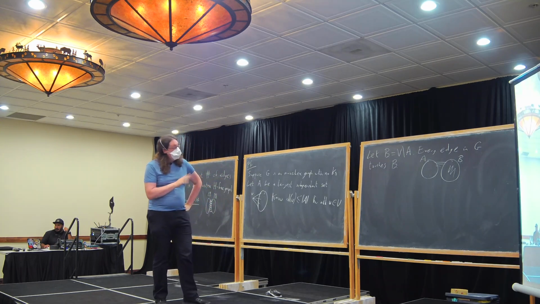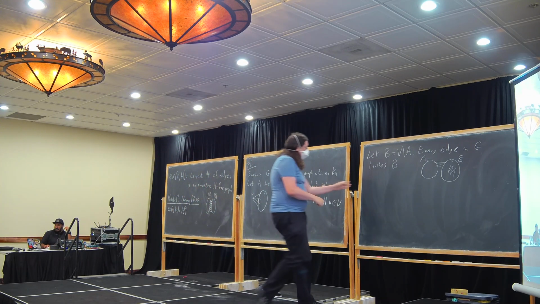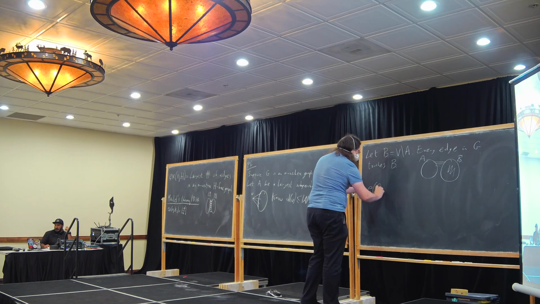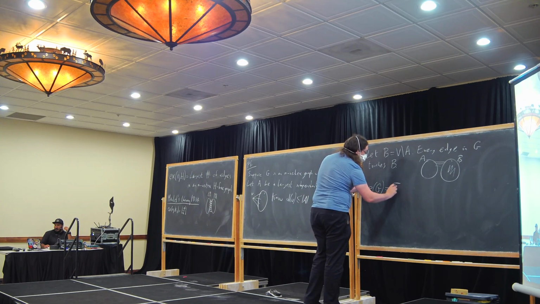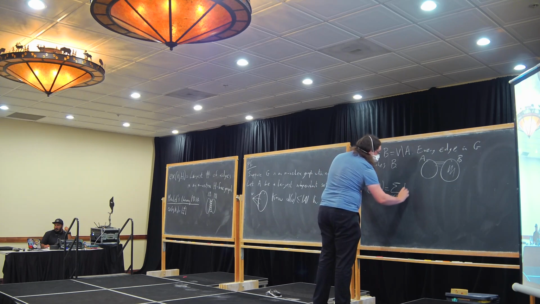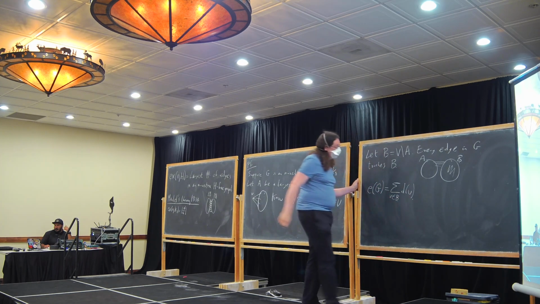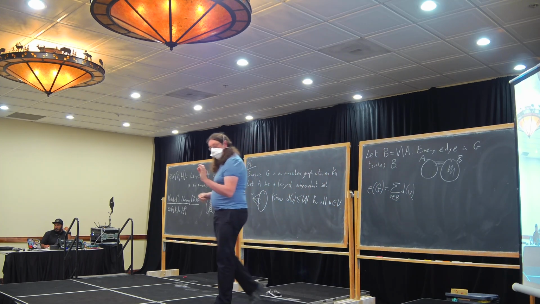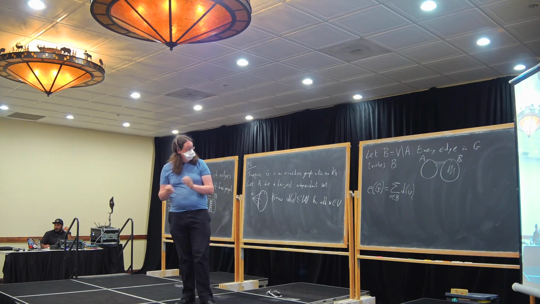Okay, so that allows us to give a bound on the number of edges. So the number of edges is at most the sum over all v in B of d(v). Because every edge has at least one endpoint in B, I pick up all edges this way. In fact, if there were any edges in B, I'd pick them up twice.